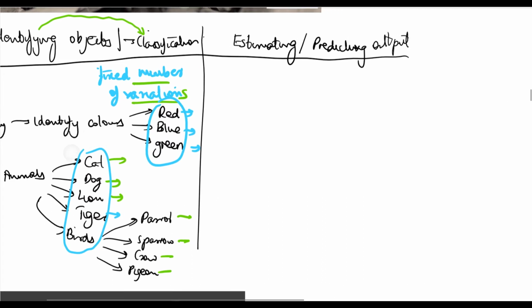Another situation is where we estimate or predict the output. Let me take an example. Now let us say Sarah asks Jimmy, "Jimmy, can you tell me what will be today's weather like?" So now let us ask ourselves this question. Does the weather have a fixed number of variations?